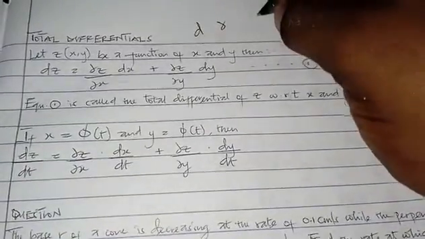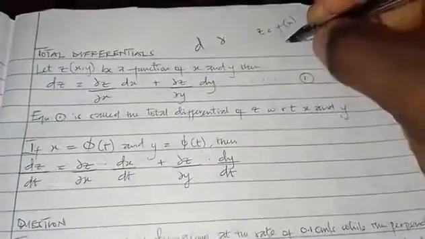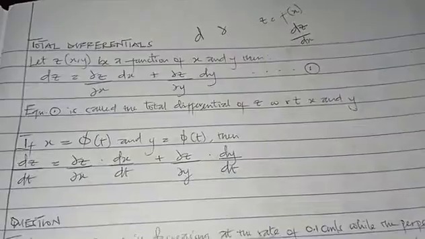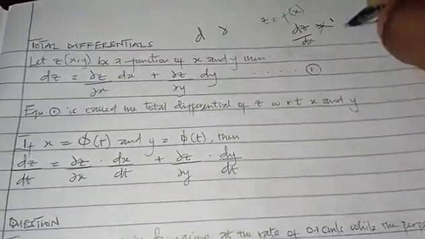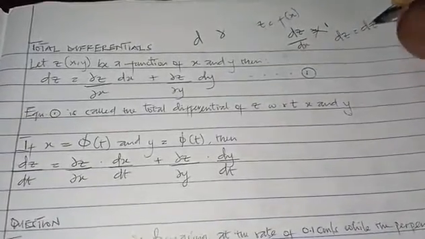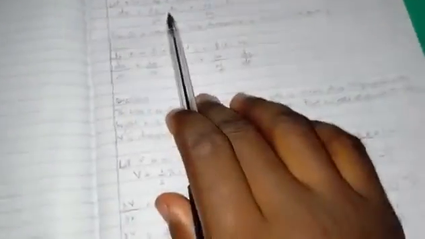So when you say z is a function of x, x is a single variable, so we just use dz over dx is equal to 1. When you cross multiply, you have dz is equal to dx. That is what is happening here.